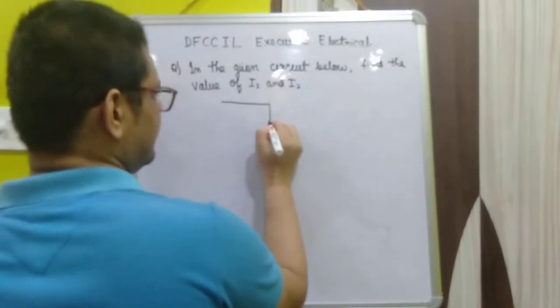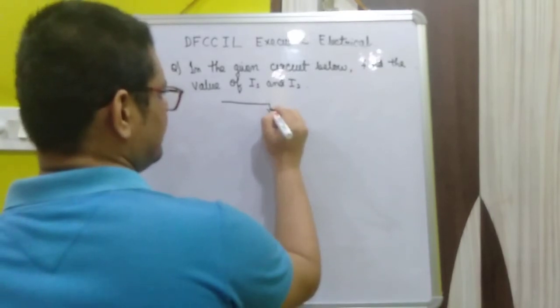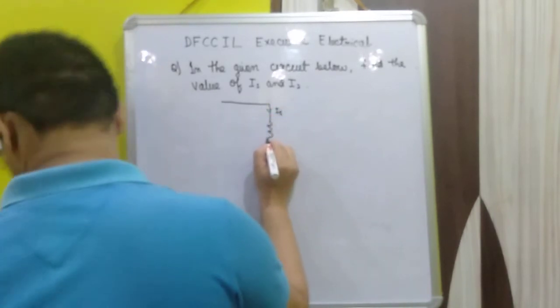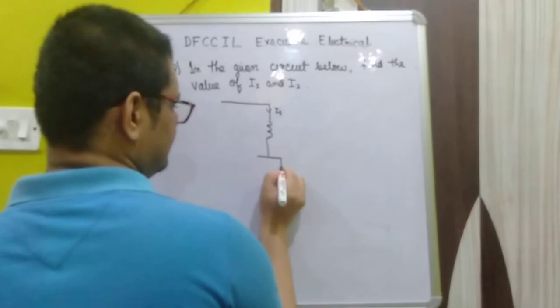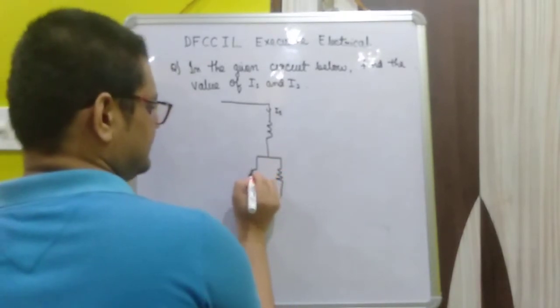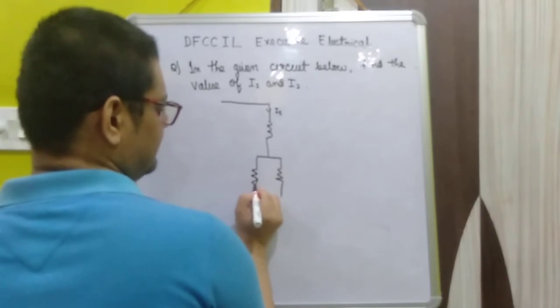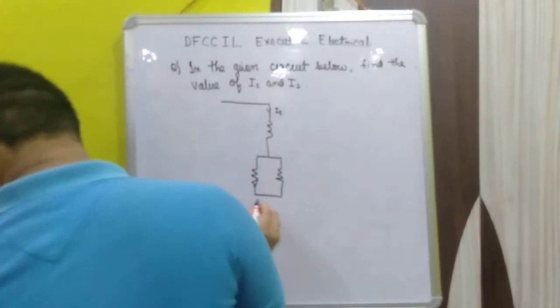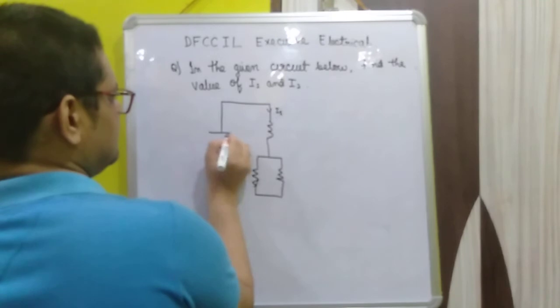So there is a resistance, and this is the current I1. This resistance goes here, and there are two resistances which are parallel to each other. Here is a voltage source.